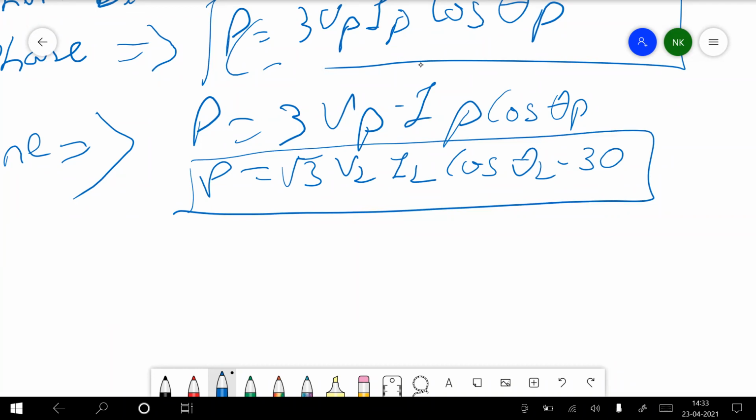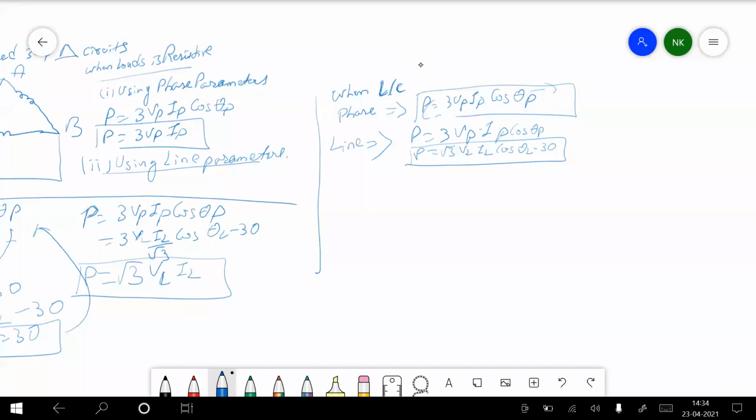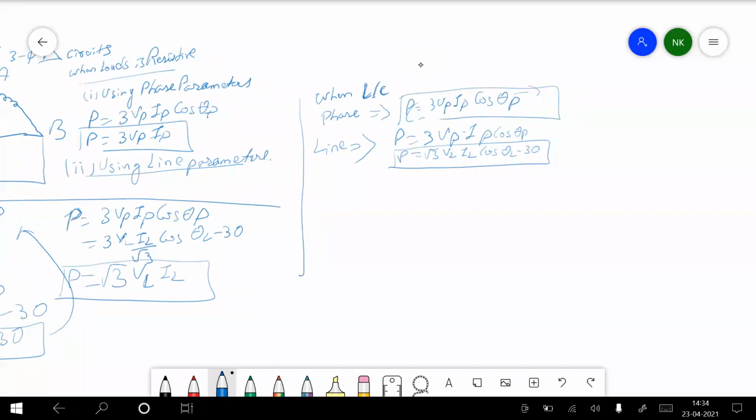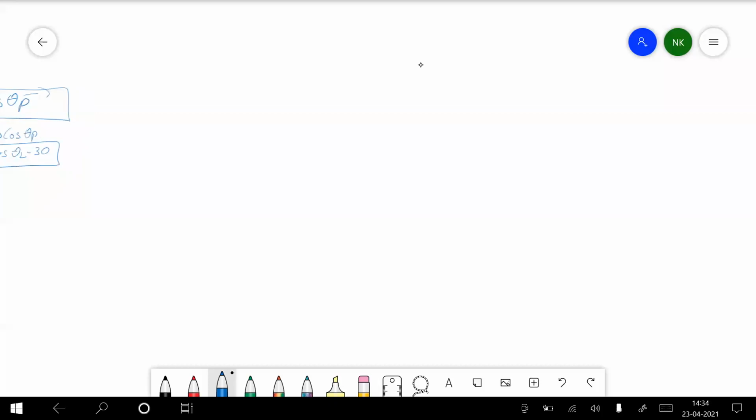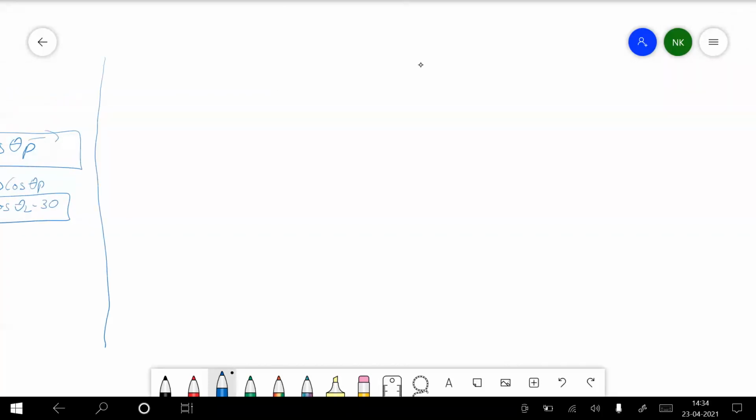Now we will see when there is an unbalanced load. Till date, we were seeing the balanced load. Now power calculation in an unbalanced three-phase circuit.